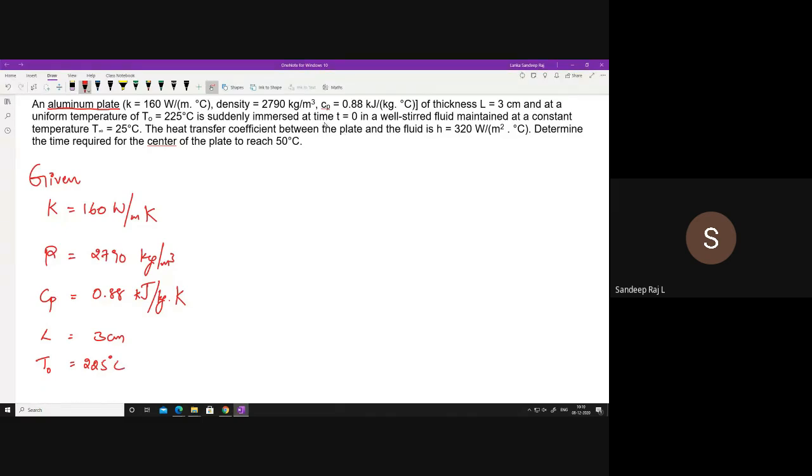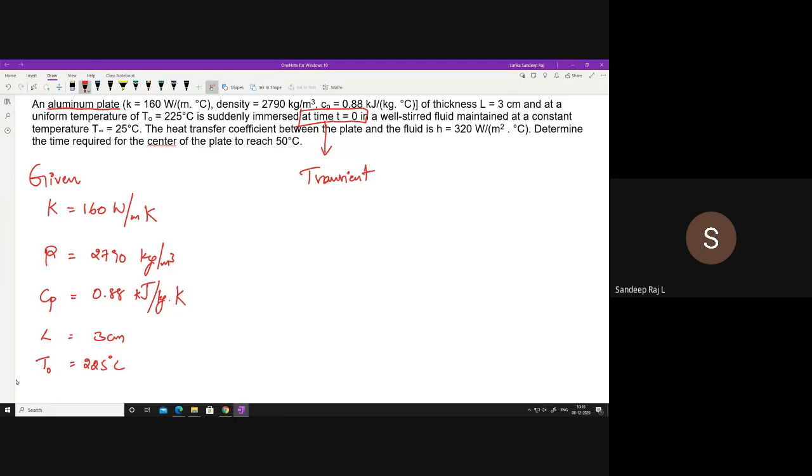See, when you have this problem in your examination, this is the keyword. If you have time in the problem, you have to understand that it is a transient case. Once you understand that it is a transient case, next step, you have to check whether it is lump or not.